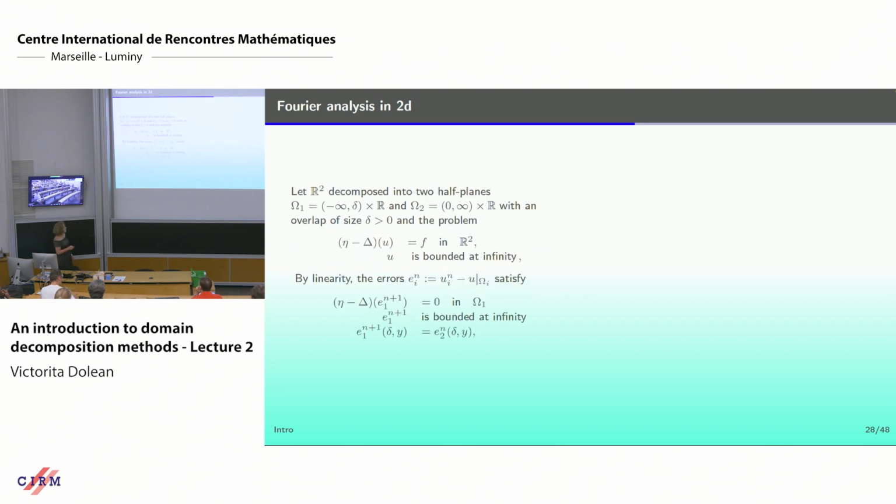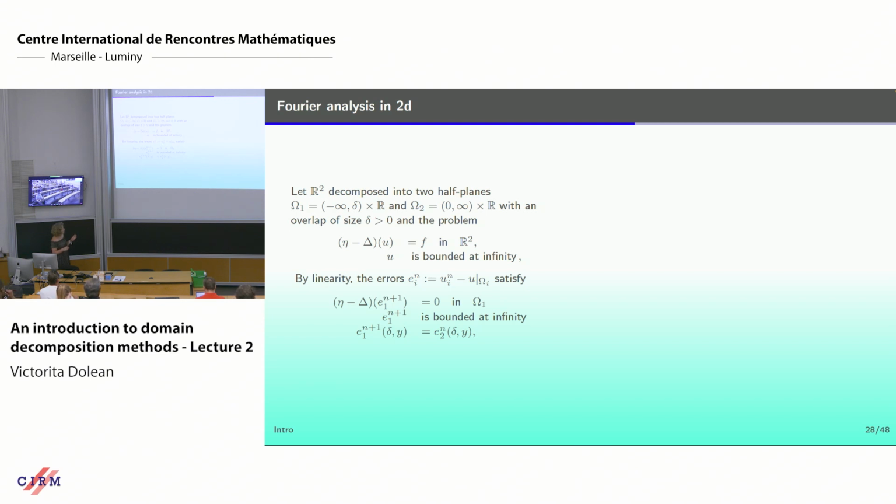So now you want, again, to quantify the convergence of the algorithm. So to quantify some convergence factor, that means to define a quantity that's a measure of the convergence of the algorithm in a very simple way. So again, you need to write the equations verified by the local errors.